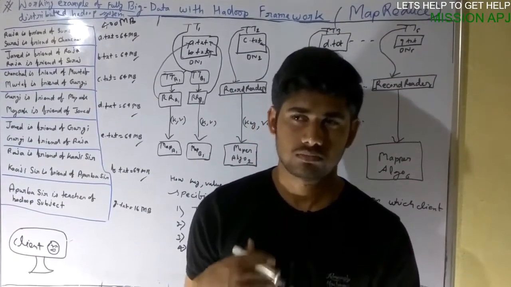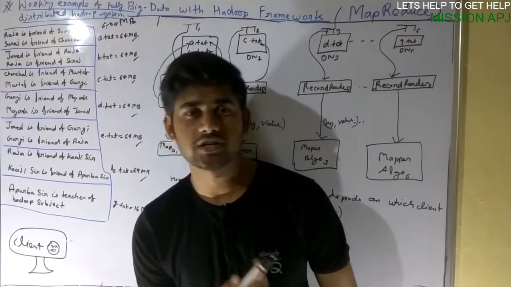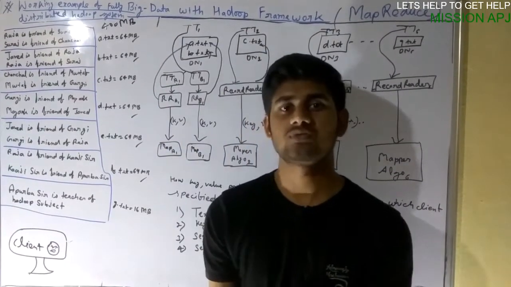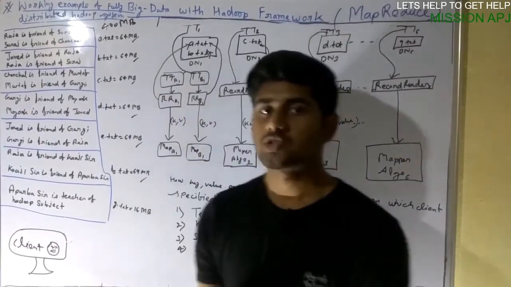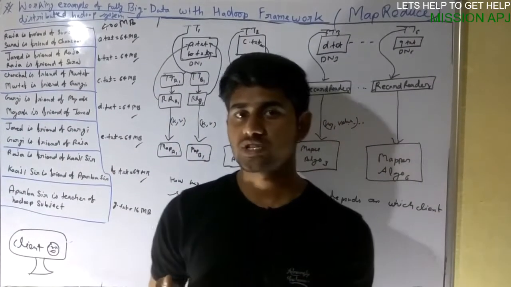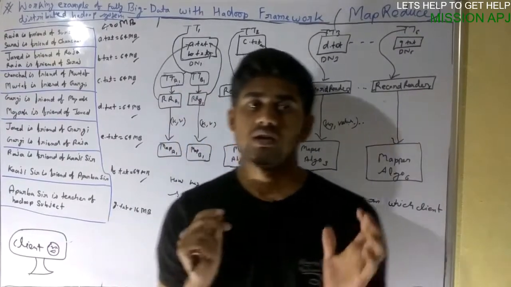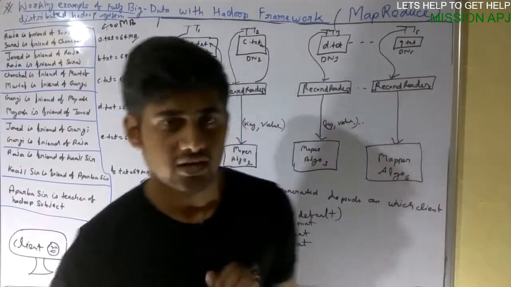Until the record reader gives the output to feed the mapper algorithm, it will not start its working. The mapper and the record reader are initiated by each instance of a task tracker.